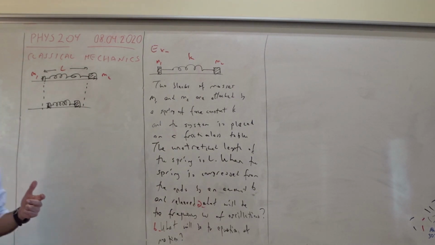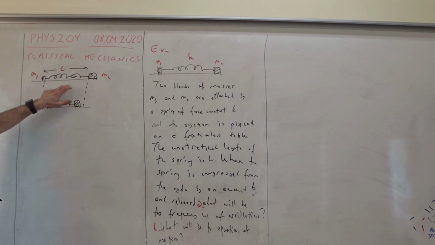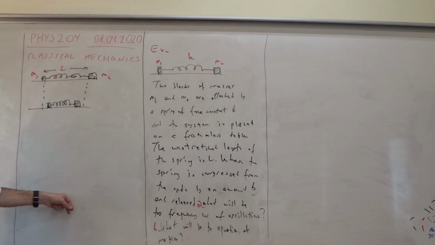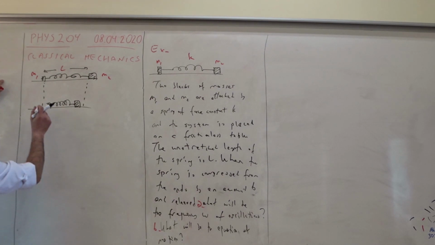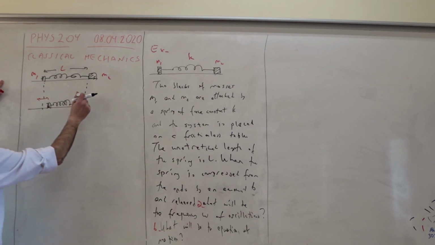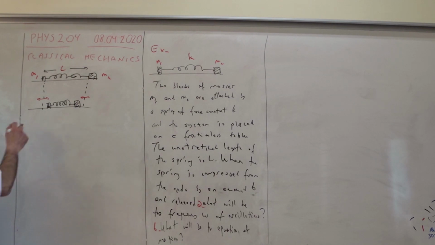And we understand that the center of mass of the system does not change. Why? Because there is no horizontal force applied on the system. So wherever it is, the position of the center of mass should be the same during the whole motion. What will the bodies at the two ends do? Of course, this one will make oscillations like this, and that one will make oscillations like that around the initial position.